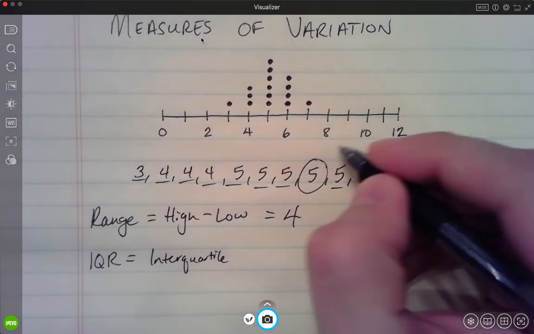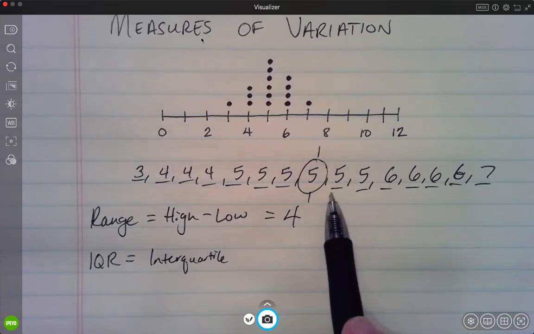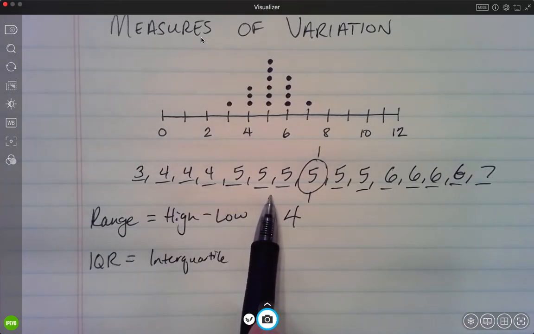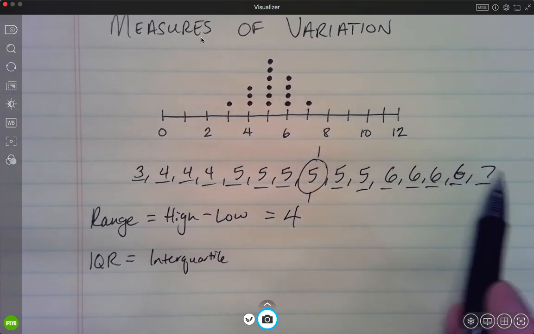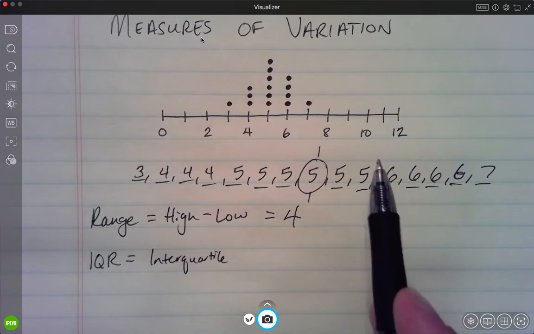That's split right in the middle of all my data. My quartiles are going to be half. I have half my data here and half my data here. So I'm going to find the median of just this section.